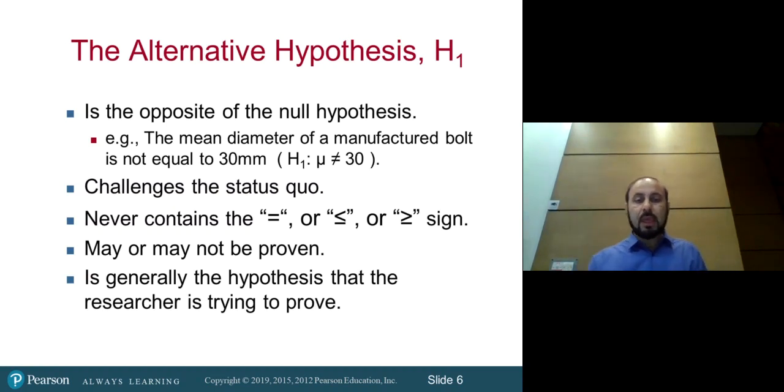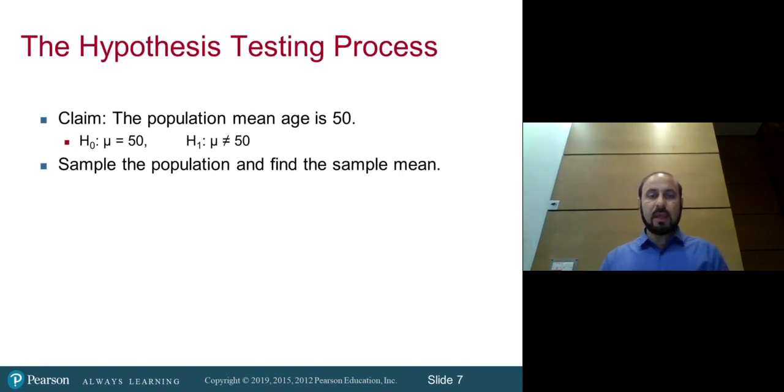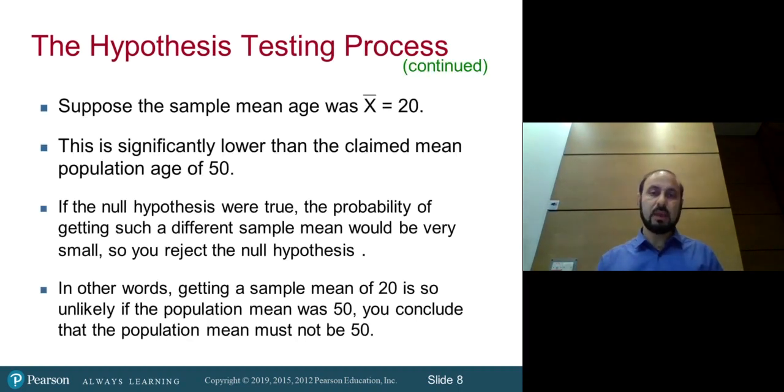Now remember that if we take another example, population mean age is 50. So you're writing null hypothesis H naught mu is equal to 50, and its alternative hypothesis will be mu is not equal to 50. Sample the population and find the sample mean. Suppose sample mean, which is always denoted with x bar, is equal to 20.